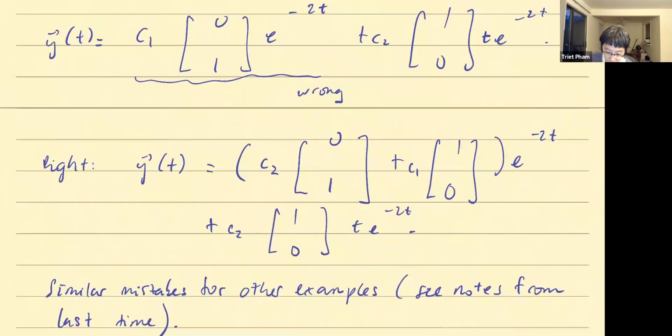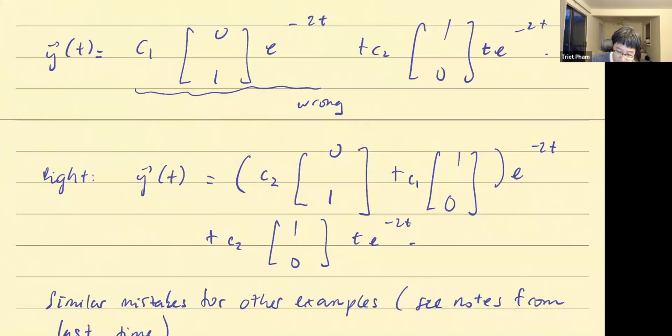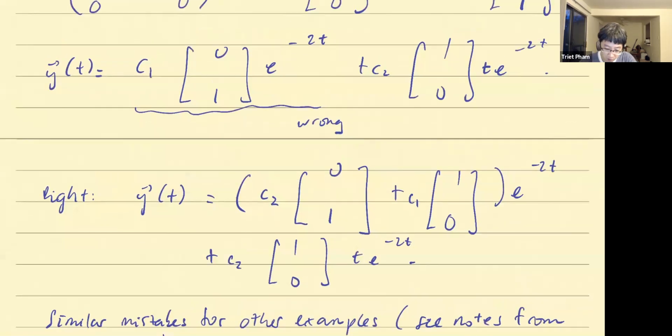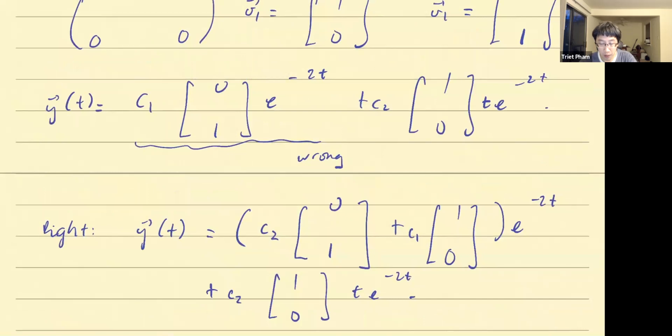I want to explain how this is the right one and this is the wrong one, put down the correct form for the solution, and then repeat where we left off last time. So any question before I explain why this is a mistake?